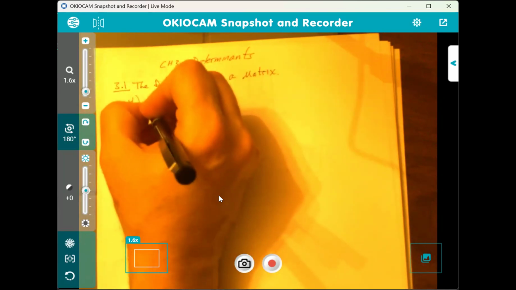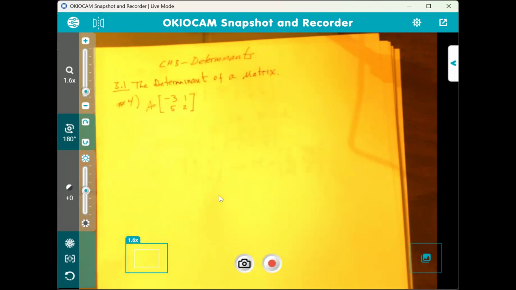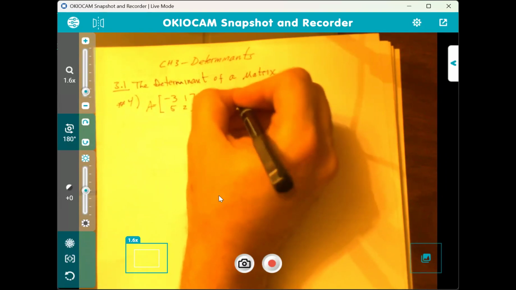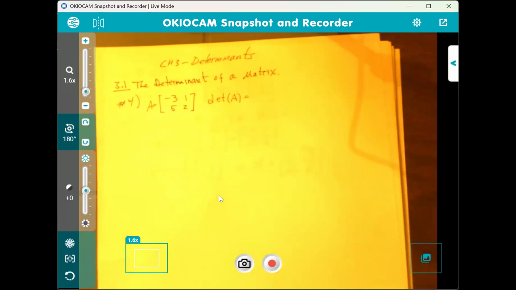And let's call this A. The question reads, find the determinant of the matrix. So determinant of A, I'm just going to use the formula that we had for the 2 by 2.